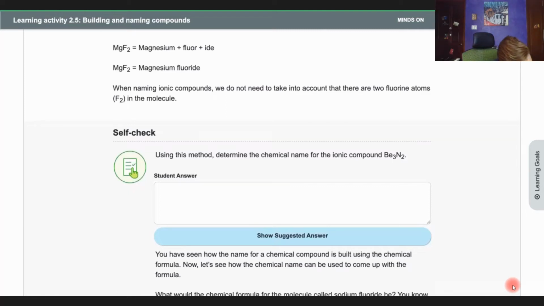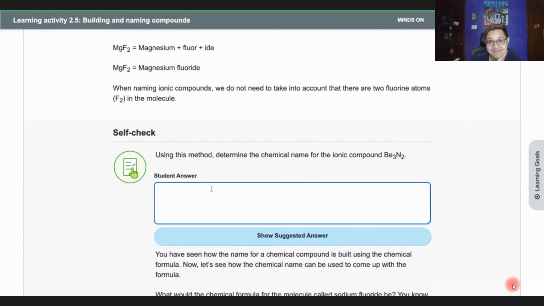Okay, you do it. Ionic compound Be3N2. So Be is beryllium, and nitrogen.